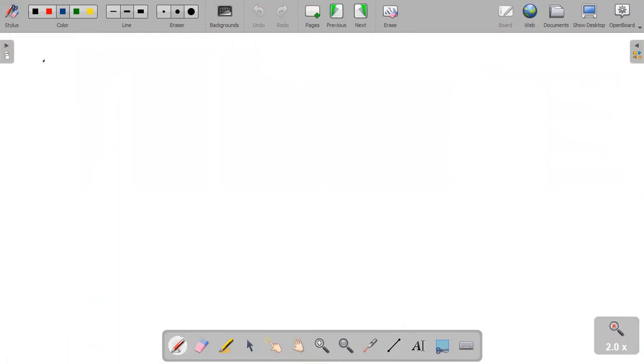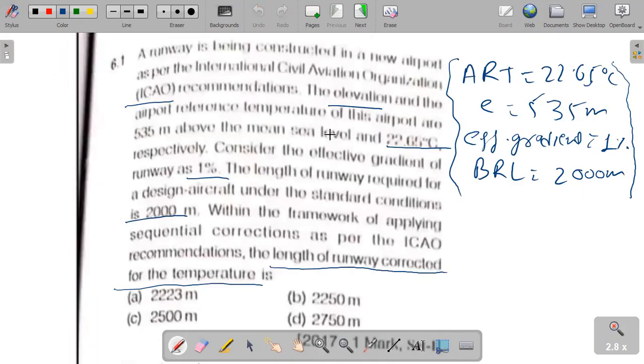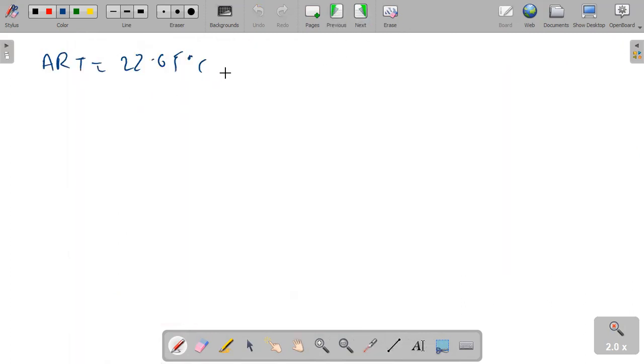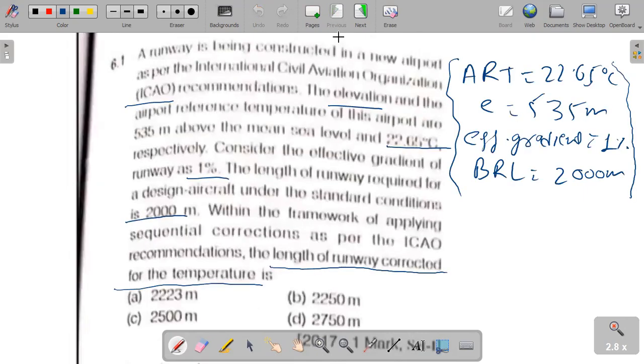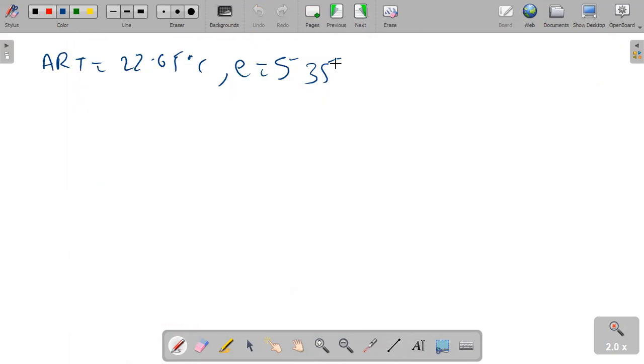So we have ART equal to 22.65 degrees Celsius as given here, elevation equal to 535, effective gradient 1%, and BRL 2000 meter.